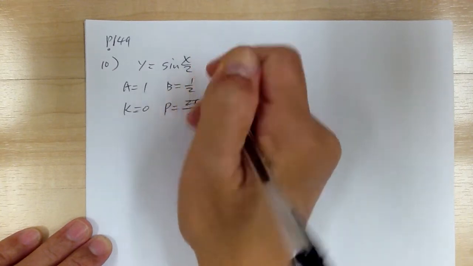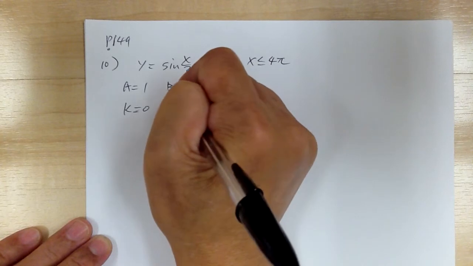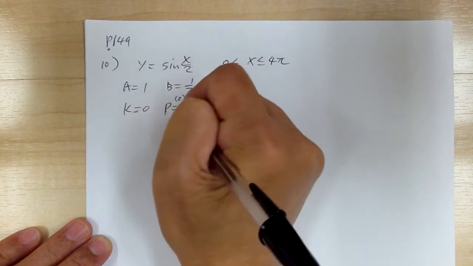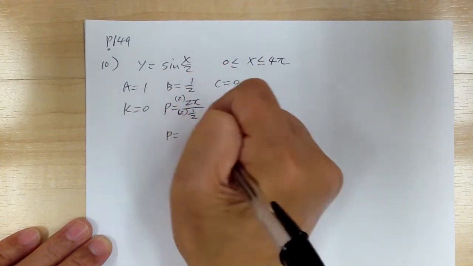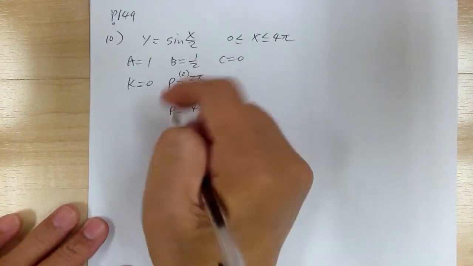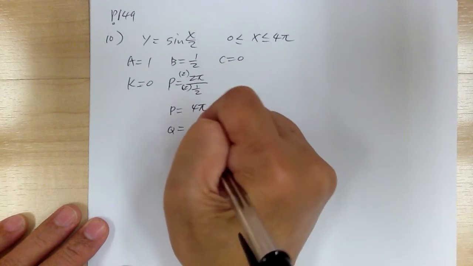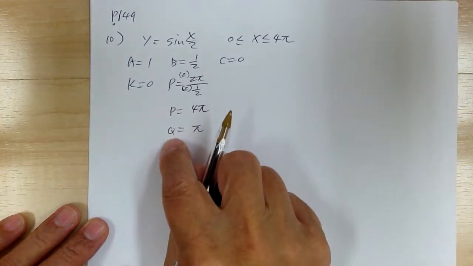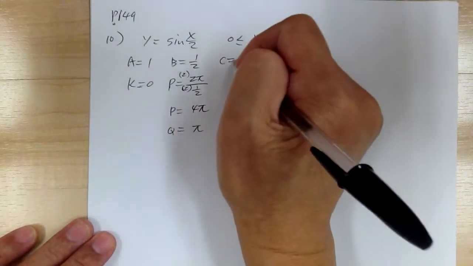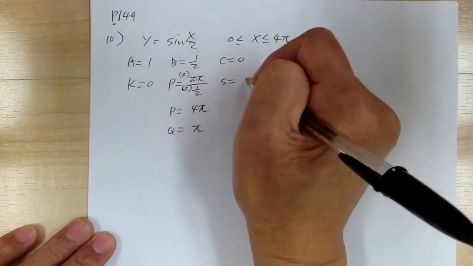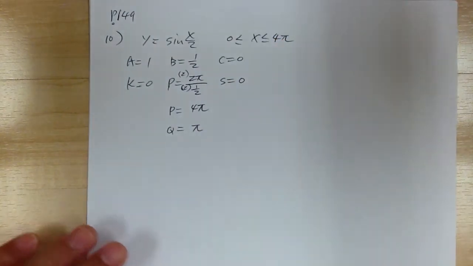So 2 pi over b, and multiply by the common denominator to simplify your complex fraction. So this cancels out, so you get 4 pi. Quarter wave is divided by 4 or multiply by 1/4, so you get pi. Right? Again, q means quarter, means 1/4. Now because c equal to 0, the shift equal to 0. Okay, so that's everything you need.